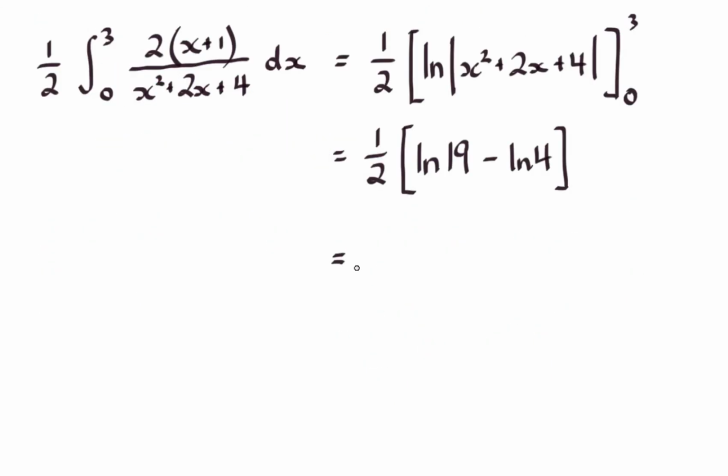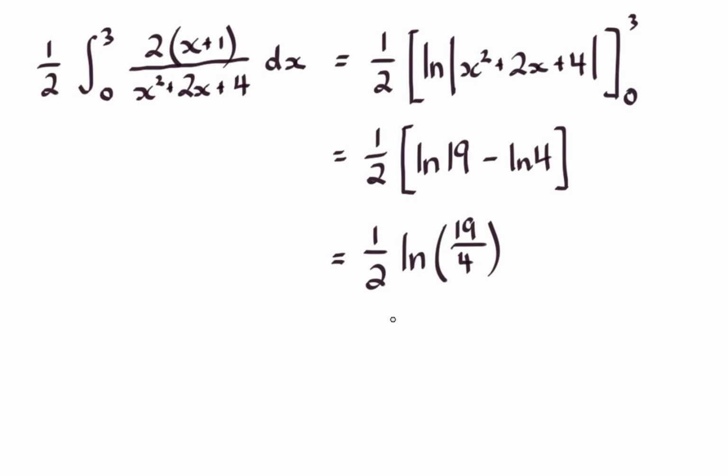Well, when we have one log take away another log, and we're dealing with the same base, as we are in this case, this is the natural log, we can use a rule that says we combine those log functions into one, and we use division. So this is one of our log laws. And so when we look at this answer, there's not much more we could do to simplify it.